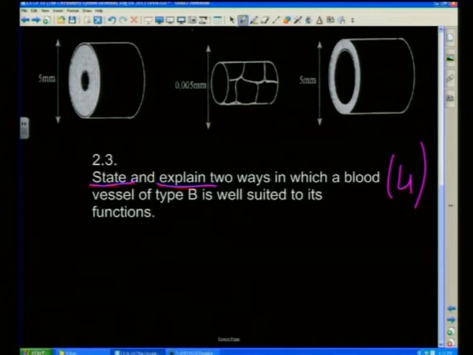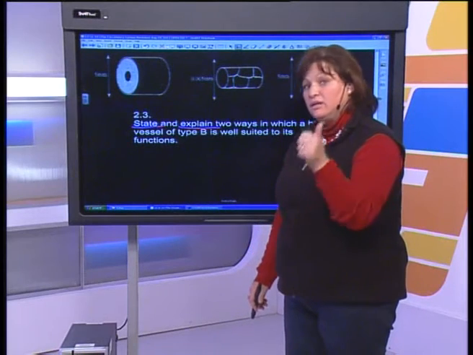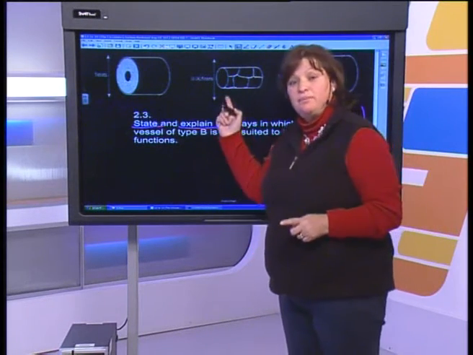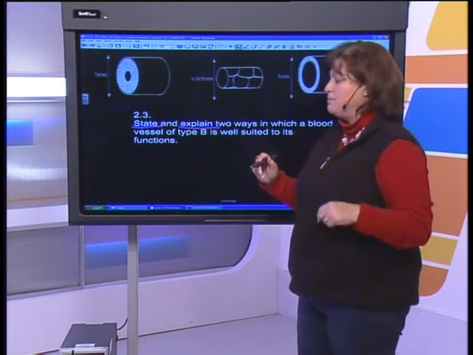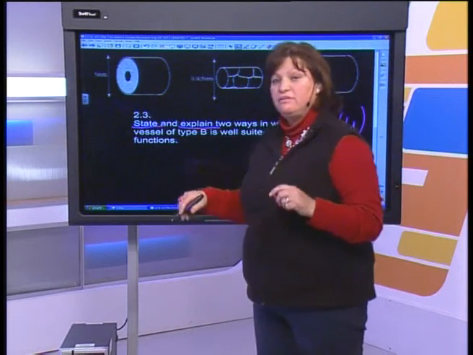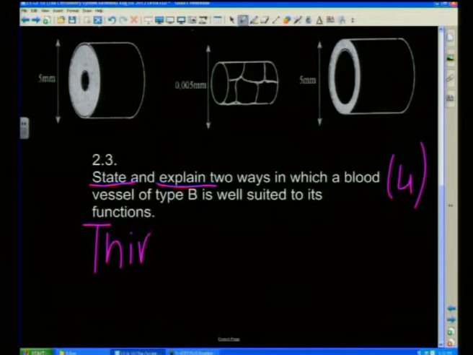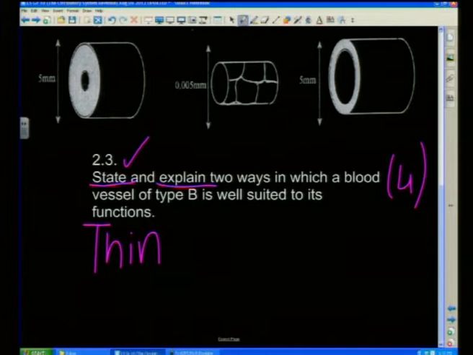So for your 4 marks, you need to give me a reason and why. You labeled that capillary, and what did I say about a capillary? It's very, very thin. So there's my statement: thin. What would then be the reason for it? One of them.